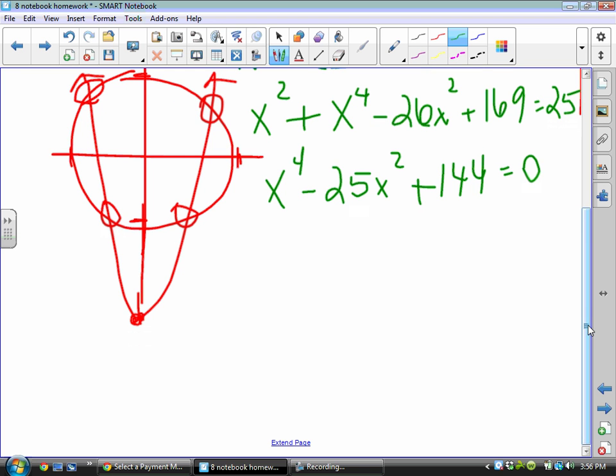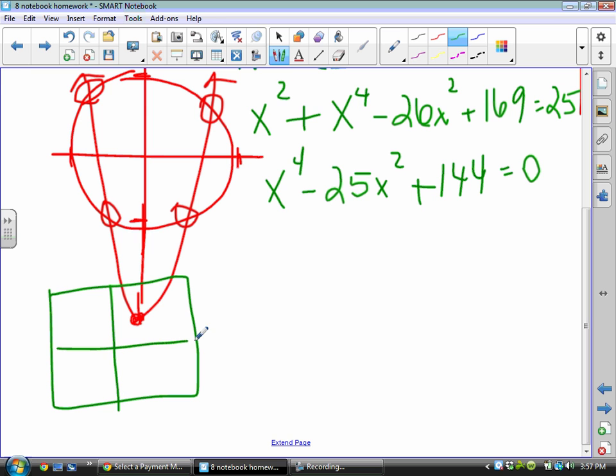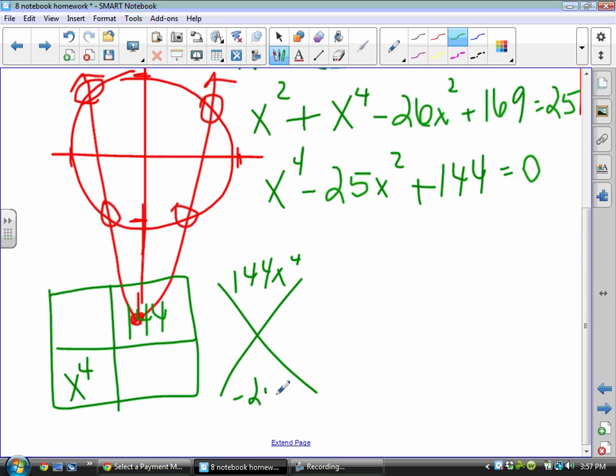If you want to use the rectangle and diamond, you can. I know x to the 4th, and I have 144, and the two middle terms need to add up to negative 25x squared. Things that multiply to be 144 could possibly be 9x squared and 16x squared.